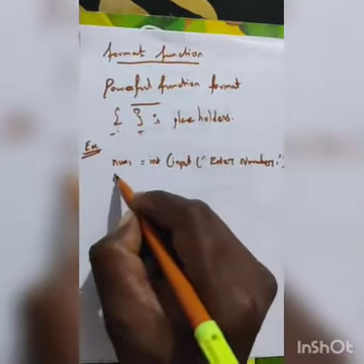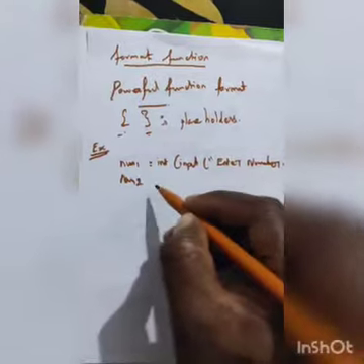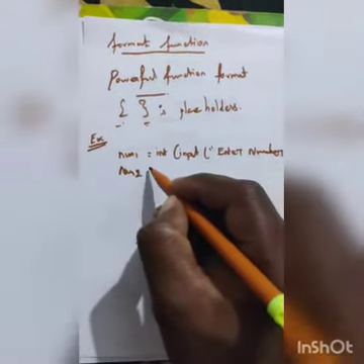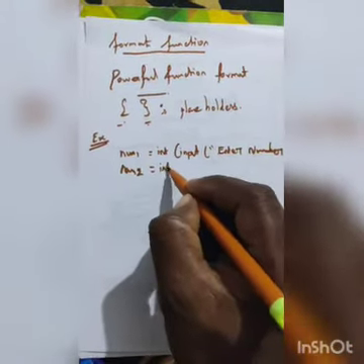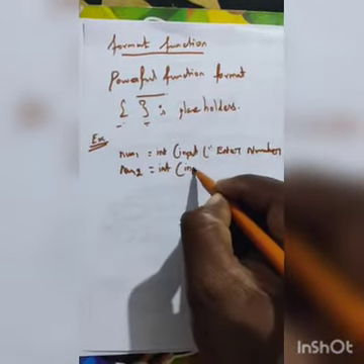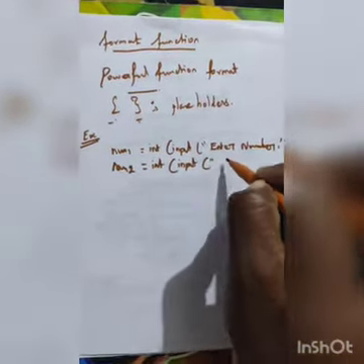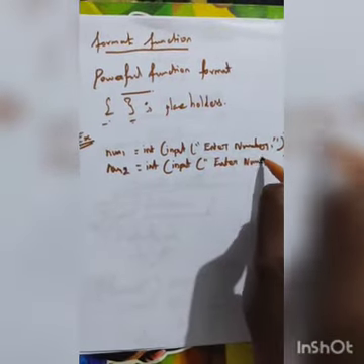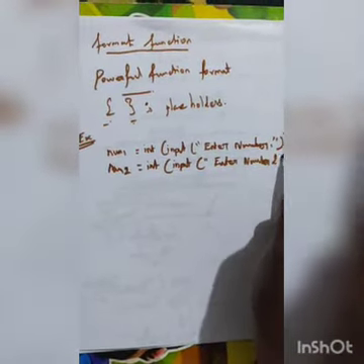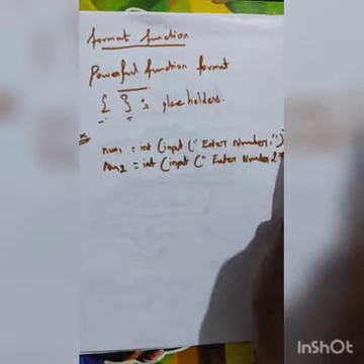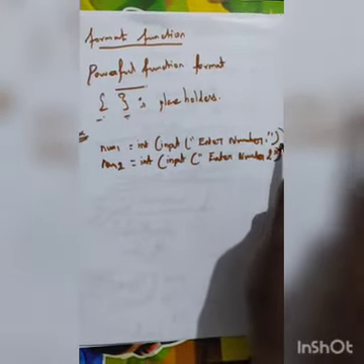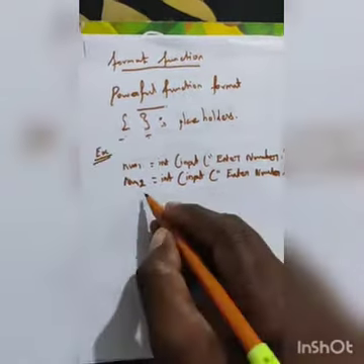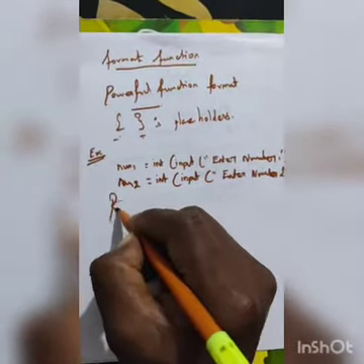Okay, next num2: num2 is int input, "Enter number 2", double quotation finished, then parenthesis, and the whole parenthesis also finished.